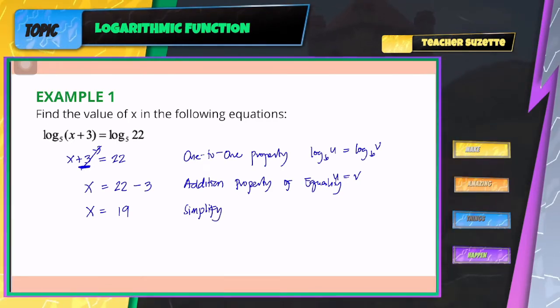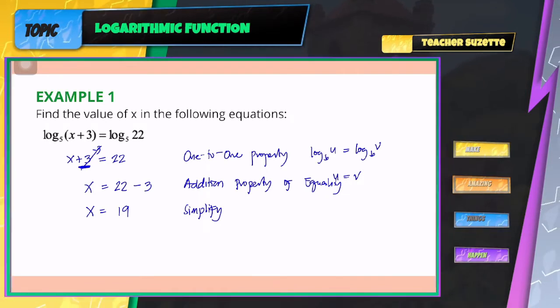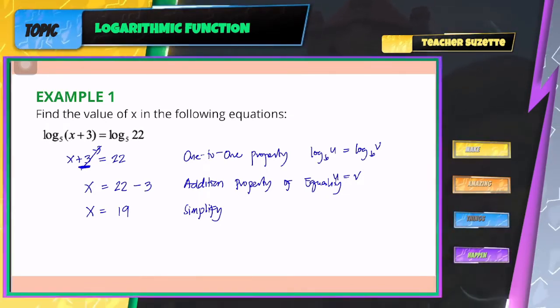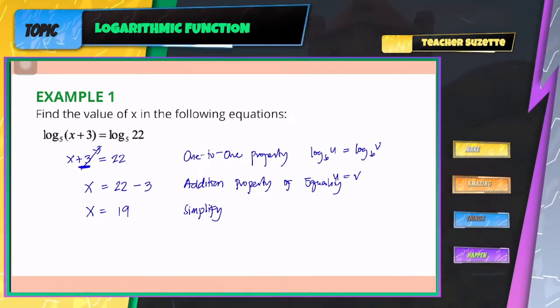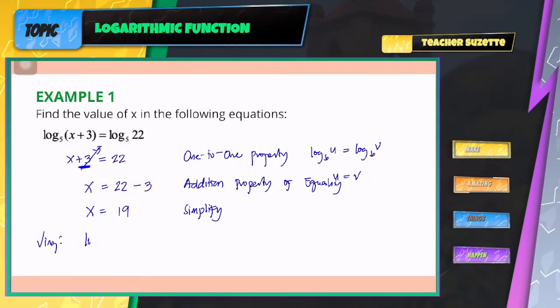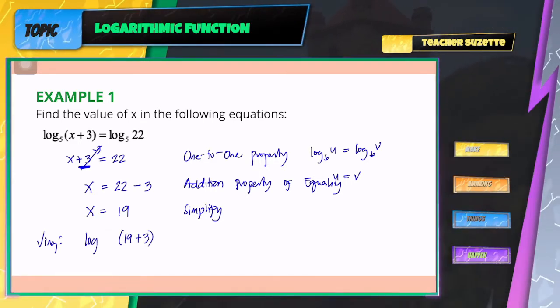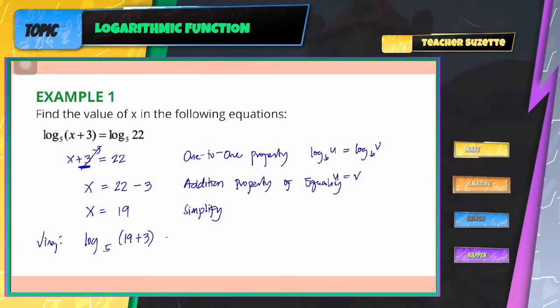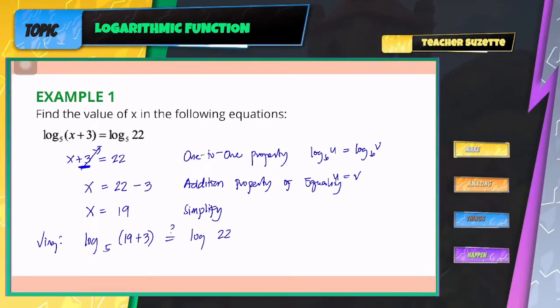Again, remember, sabi po sa atin kanina, when you solve a logarithmic equation, you always have to check your answer. So, let's check. If we have the logarithm of 19 plus 3, substitute na lang natin agad. Equal po ba siya sa ating logarithm of 22 base 5?